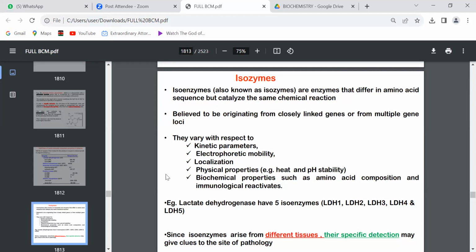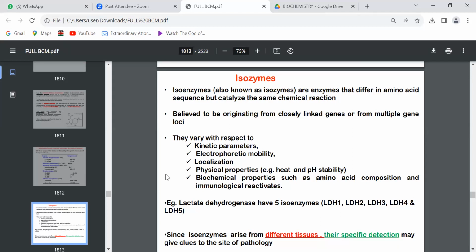For example, if LDH was high, you test for the specific isoenzyme that is increased. If, let's say, you find it's LDH1, LDH1 is found in the heart.